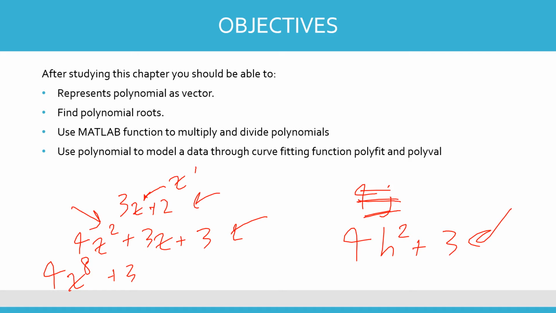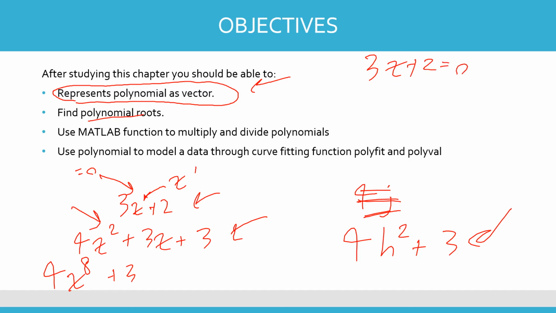This week, we will learn how to represent a polynomial as a vector inside MATLAB, and how to write everything inside MATLAB. You will also learn how to find the root. Remember, for 3x plus 2 equals 0, the root is just x equals negative 2 divided by 3.